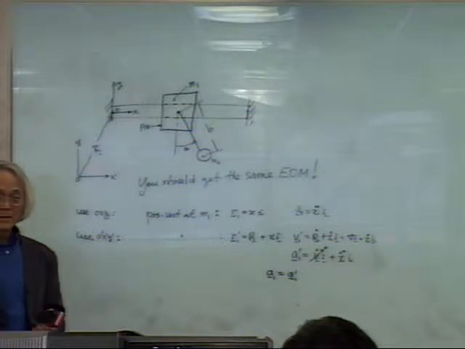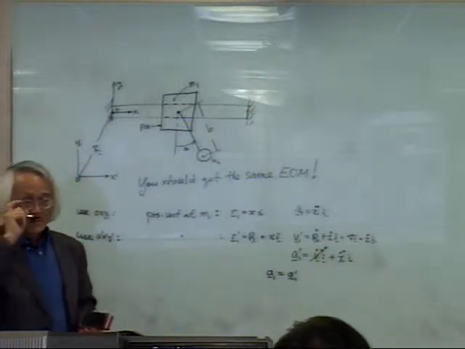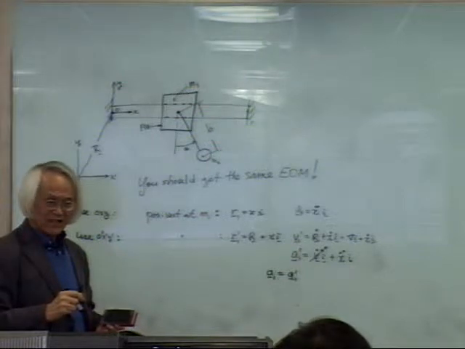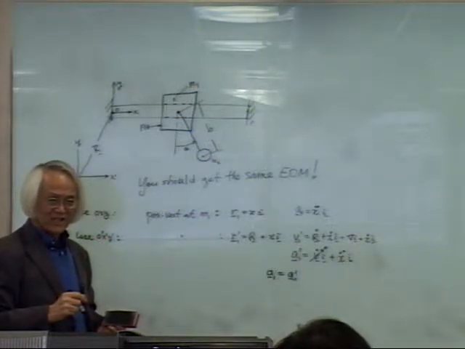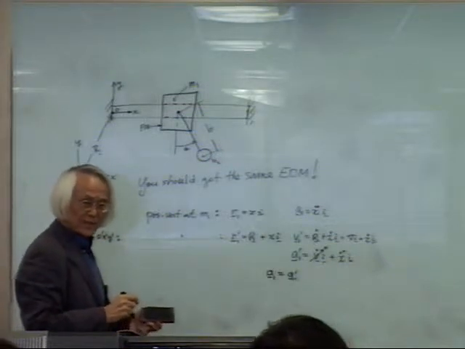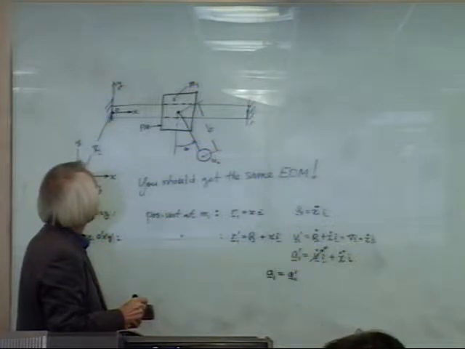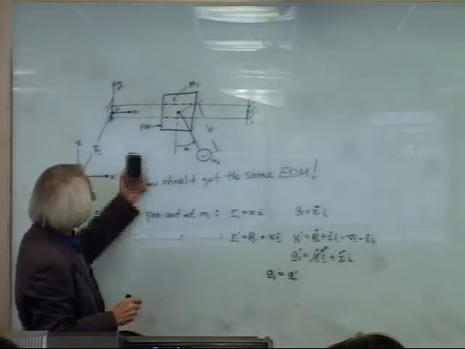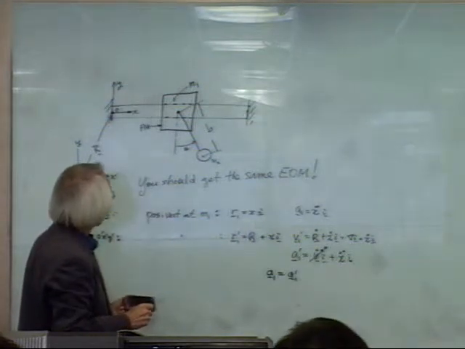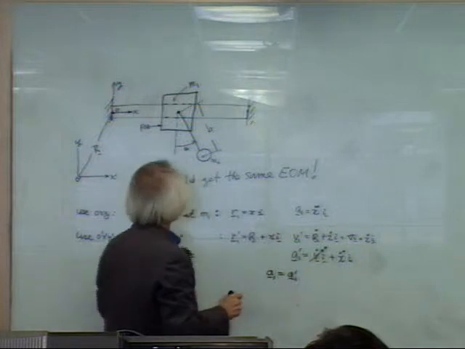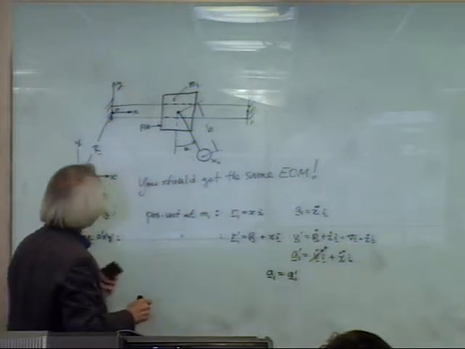But if there is an x term in the equation of motion, then it's two different equations of motion. What is it? If there's an x term, there's no other term where the position vector would make a difference.